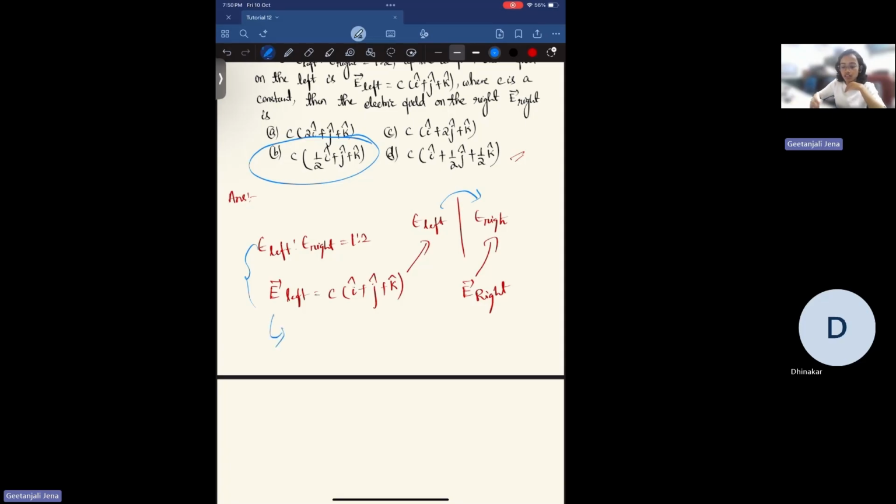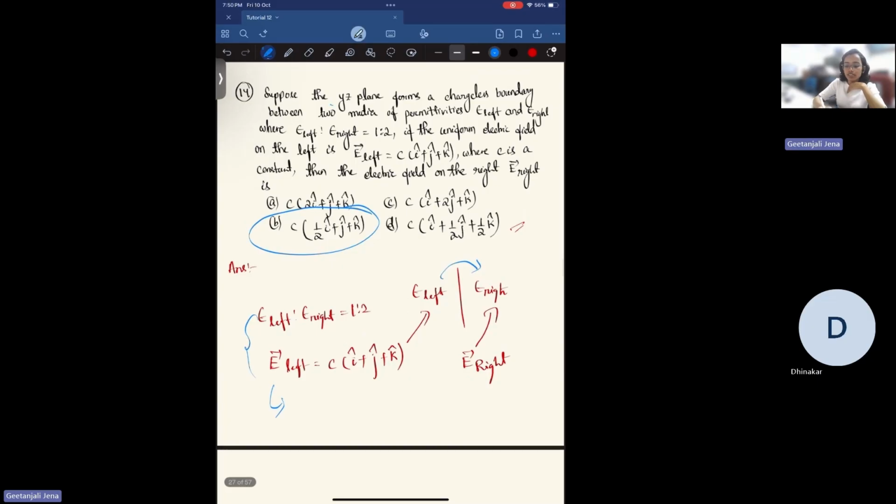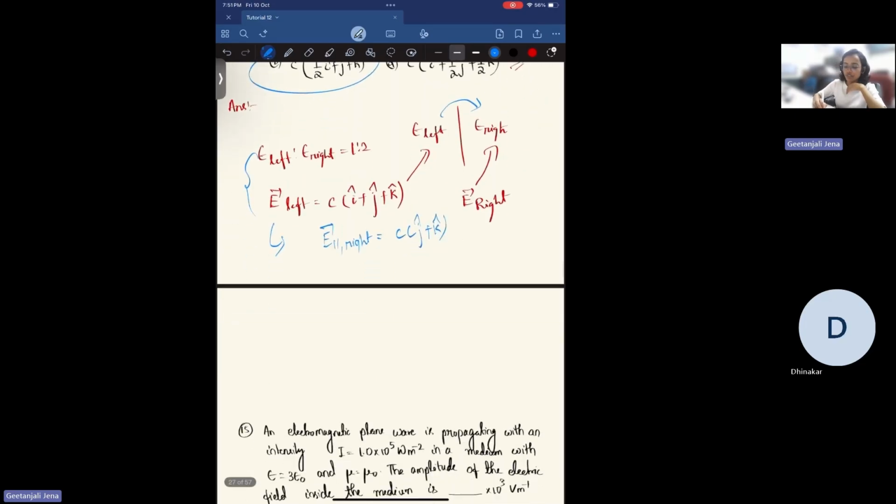So for the electric field, E parallel should be the same. It's given this is the YZ plane. So the parallel component should be Y and Z, and for the plane, the perpendicular component is the i cap. So for the right side, the parallel component would be the same as the parallel component on the left, which is J plus K into C. And for the perpendicular component, because sigma f is not given, you can take it as 0.